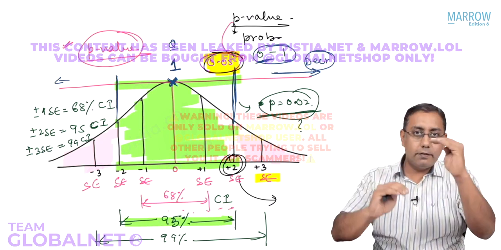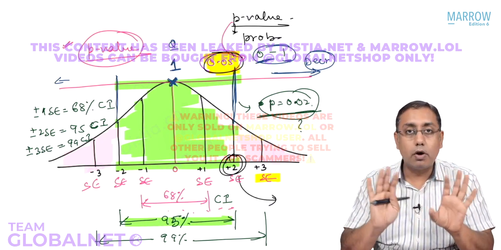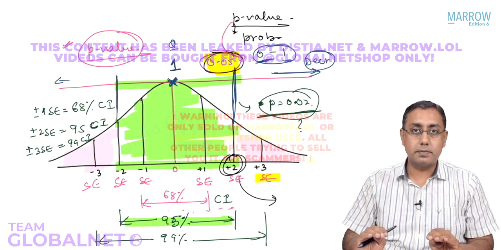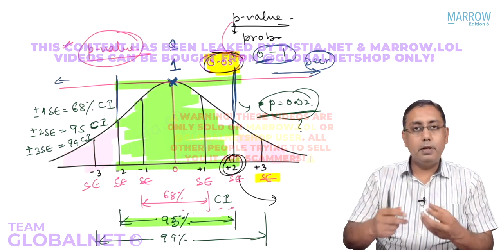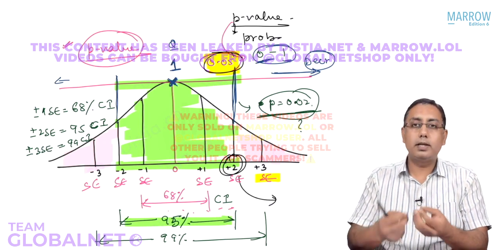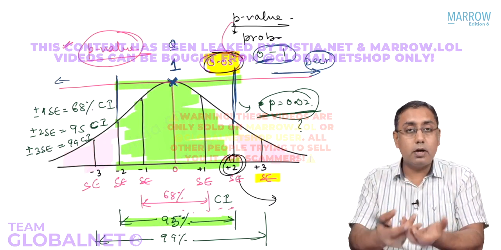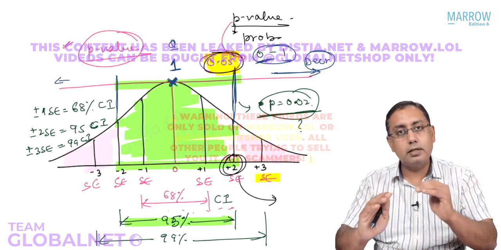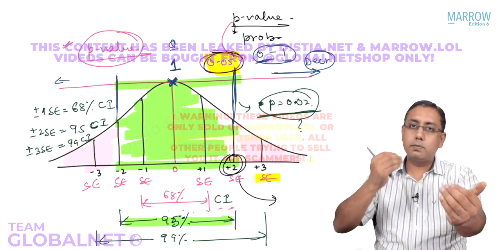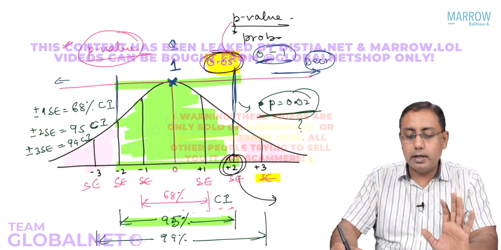But whatever the difference is, that is not a normal difference which occurs in humans. You remember I started my lecture with the point that variation is bound to occur. So if the p-value is 0.02, that means what? That the variation which you are observing right now is not a normal variation for us humans. This variation is either because the drug is having the effect or the other drug is protecting. But all said and done, there is a difference.